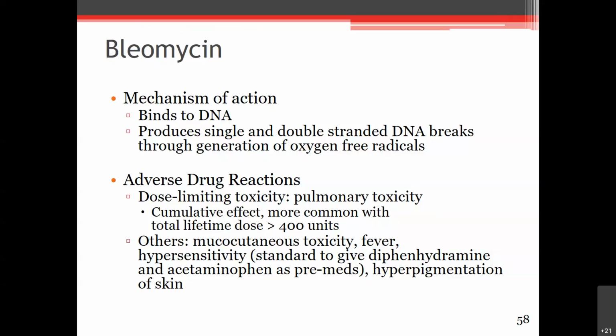Other adverse drug effects with bleomycin include mucocutaneous toxicity, fever, hypersensitivity, and then hyperpigmentation of skin. And with bleomycin, it is standard to pre-medicate with both diphenhydramine and acetaminophen.